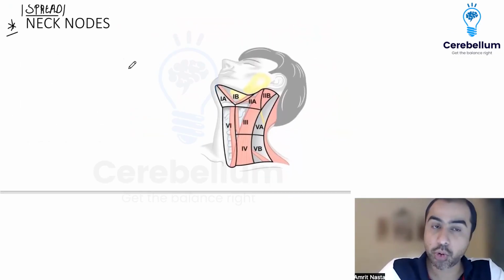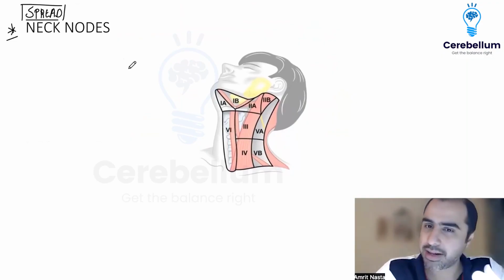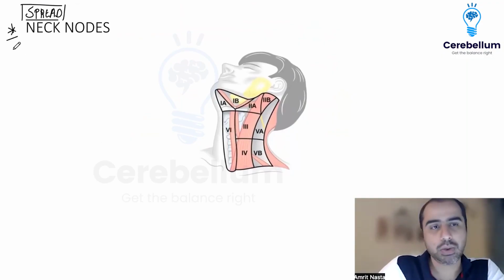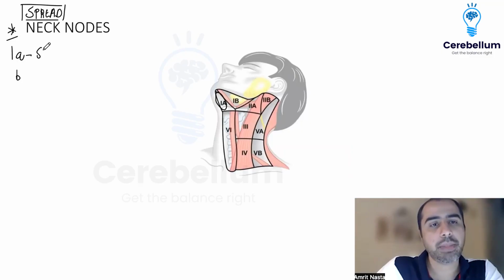So you need to know the levels of the neck nodes and their significance, as you see over here. So in the neck, you have level 1A, 1B. 1A means ये वाले जो chin के नीचे होते, they are called as submental nodes. And then you have 1B, ये वाले, they are called as submandibular nodes. So submental, submandibular.